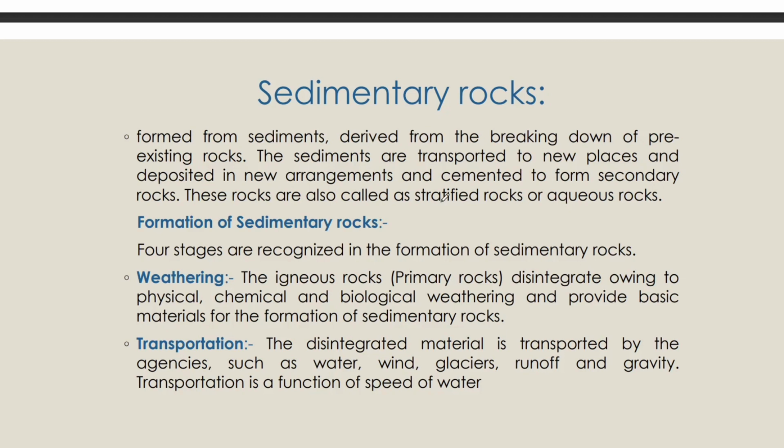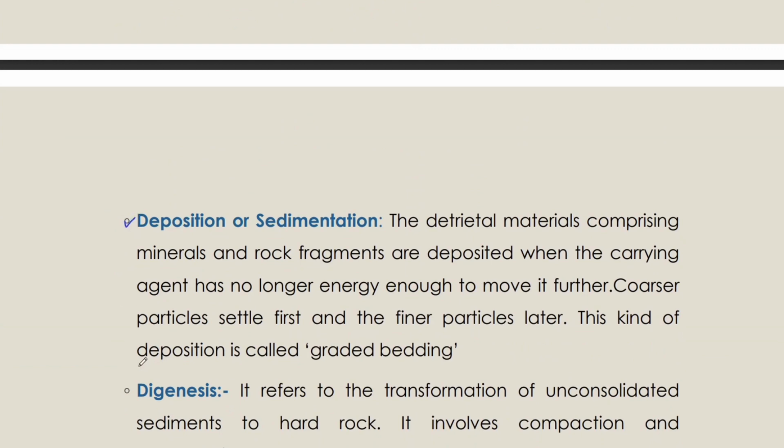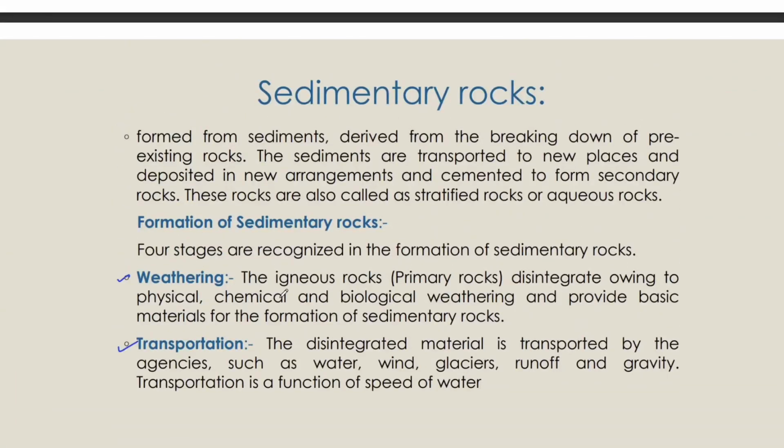After that we have the formation of the secondary rocks. 4 stages are recognized in the formation of the secondary rocks. First one is weathering, second one is transportation, then we have deposition, lastly diagenesis. So weathering: the igneous rocks, mainly the primary rocks, disintegrate owing to physical, chemical or biological weathering. There are 3 types of weathering: physical, chemical and biological.